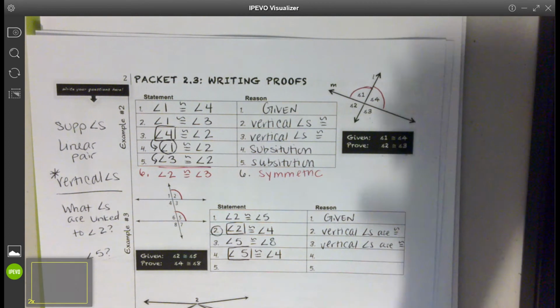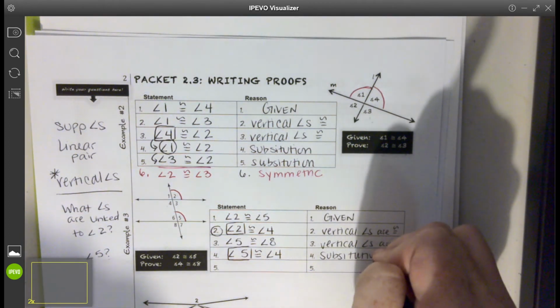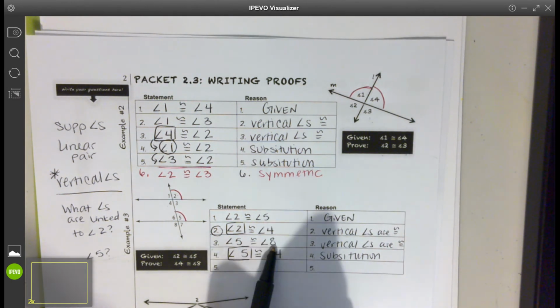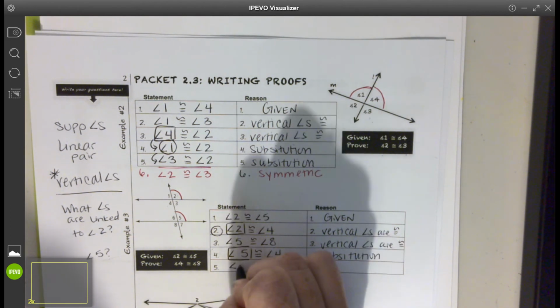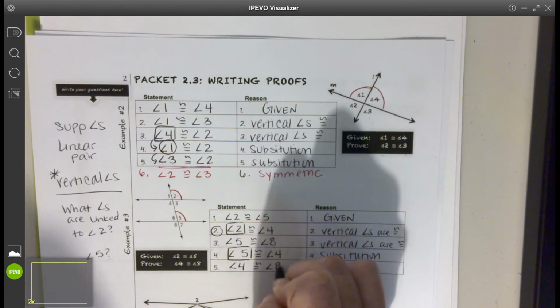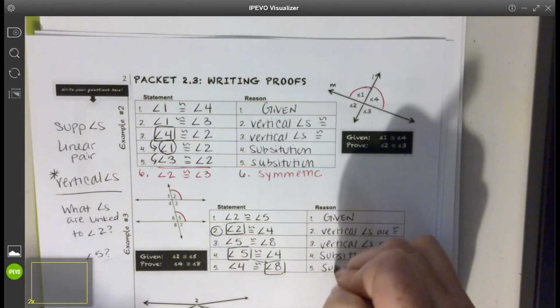We call that our substitution. And then we know in step 3, we know 5 is congruent to 8. So I can say angle 4 is congruent to angle 8. Again, we swapped out that angle and we're going to call that substitution.